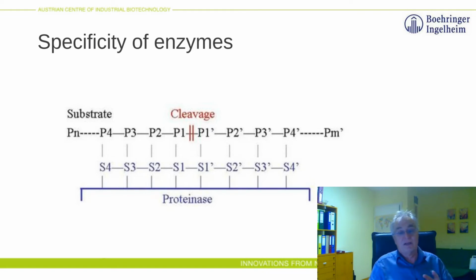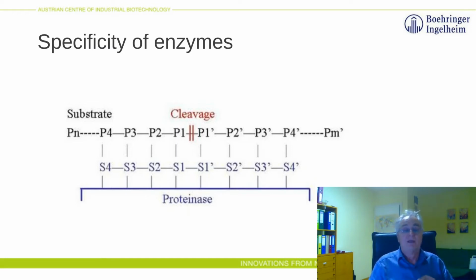On the left-hand side, the amino acids before cleavage are called P1, P2, P3, P4. That's the substrate. And on the right-hand side is P1 prime, P2 prime, and so on.